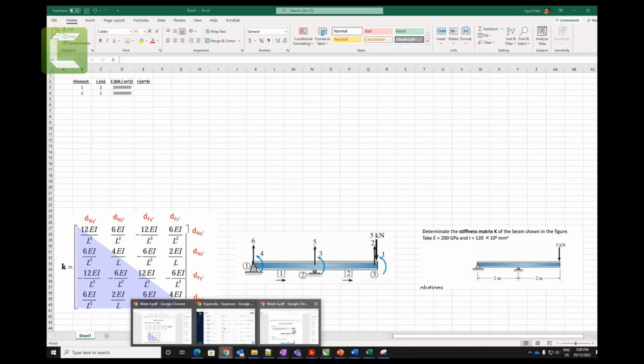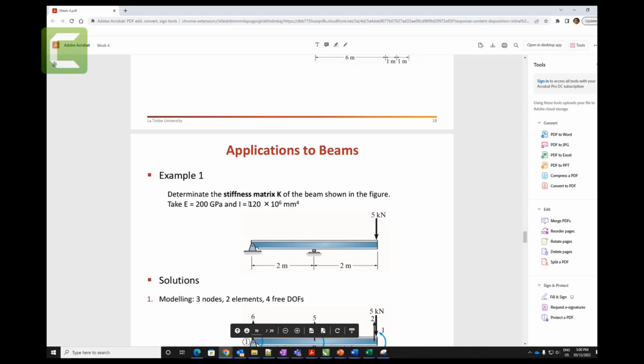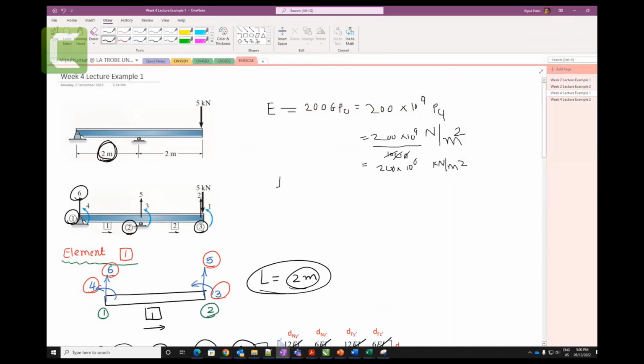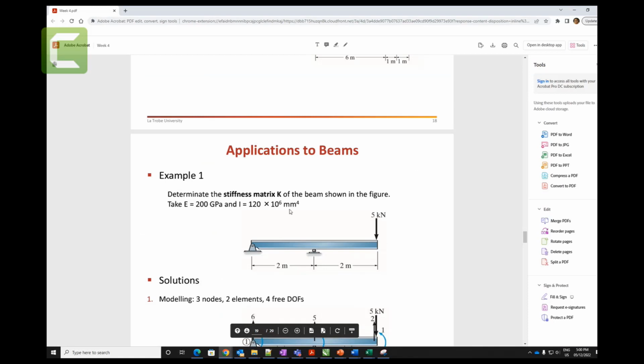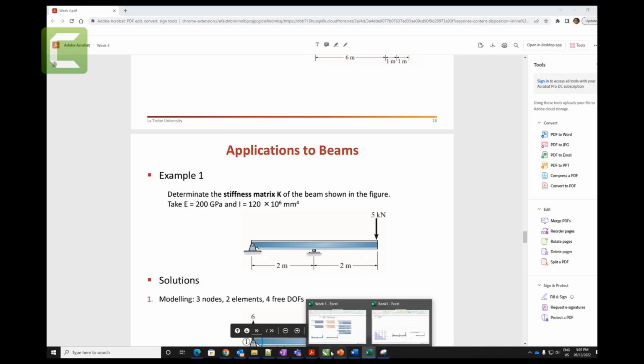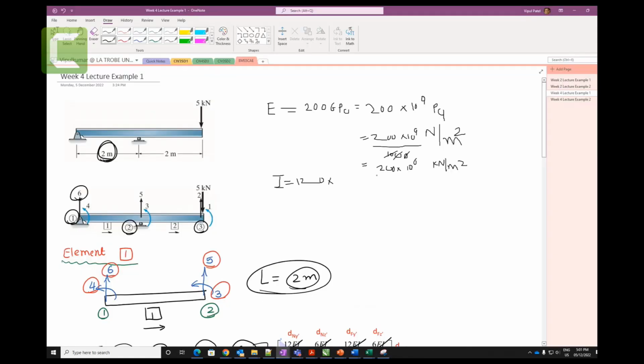If we go in our lecture note, I is given as 120 times 10 to the power 6 millimeter to the power 4. So 1000 millimeter equal to 1 meter.